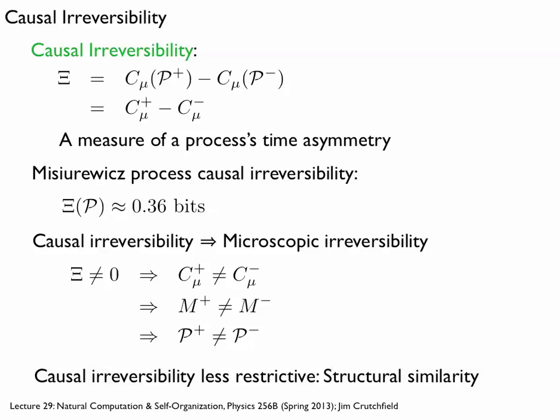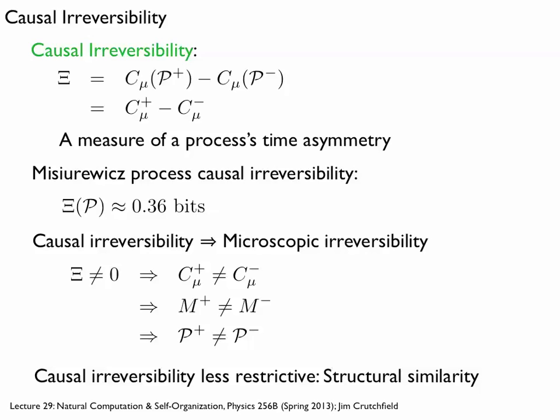One consequence is if you have a process that's causally irreversible, so we have a positive number here, or negative, just not zero, it means that the complexities aren't the same. If the complexities are different, then the machines must be different. The machines are different, and the processes are different. So you can't go from causal irreversibility to microscopic reversibility. It must be microscopically irreversible.